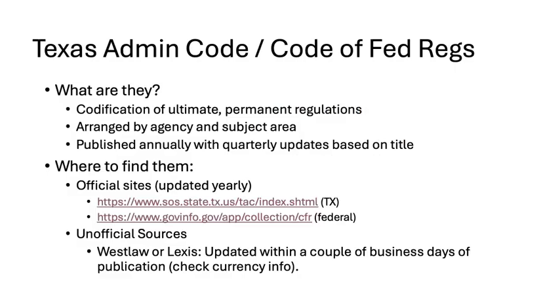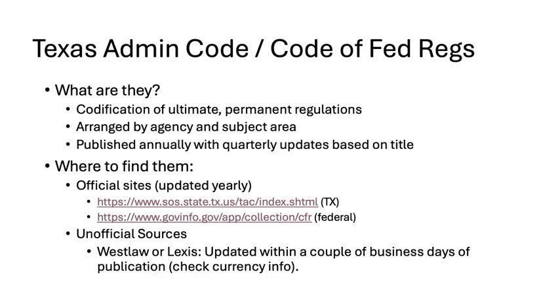So we looked at the Texas Register and the Federal Register on our free government websites as well as Westlaw and Lexis, right? So now what about that codified version? So looking to the Texas Administrative Code or the Code of Federal Regulations, right? That's that ultimate publication of the rule or regulation.